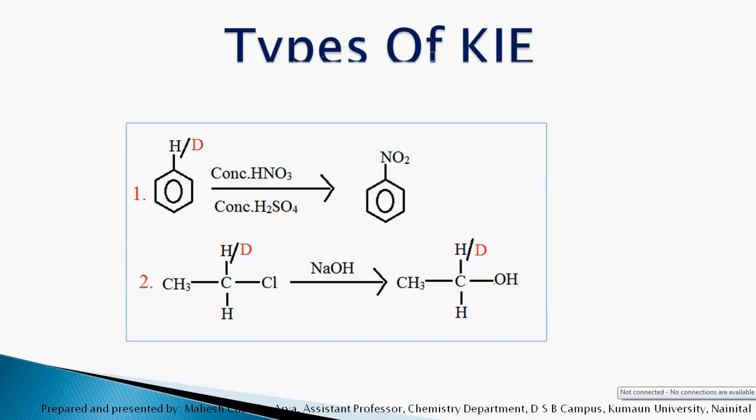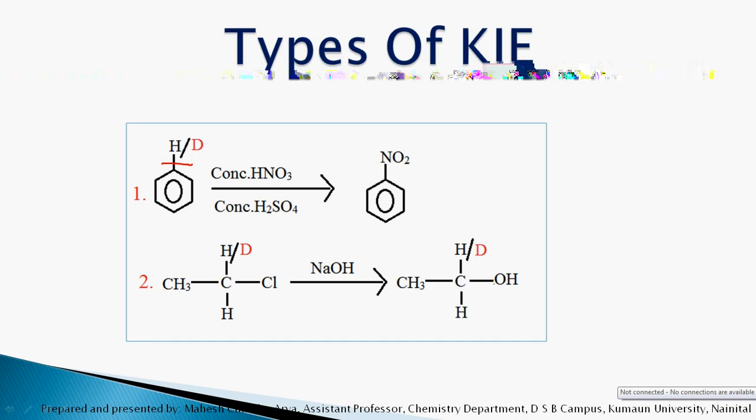Here are two reactions. The first reaction is electrophilic substitution of benzene, where it is undergoing nitration, and the second reaction is nucleophilic substitution in chloroethane to form an alcohol. In the first reaction, the CH bond undergoes cleavage.